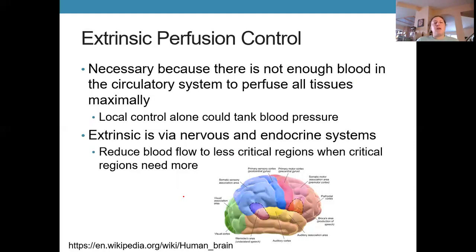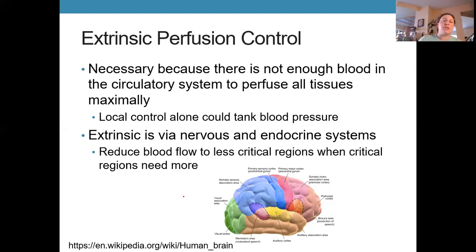Now, that's not always going to be sufficient. So we can't always let all the tissues just ask for what they need and receive it. And that's because there's just not enough blood in the circulatory system to fully perfuse all tissues if they have high requirements all at the same time. This could massively tank your blood pressure and cause everybody to lose out on appropriate perfusion.